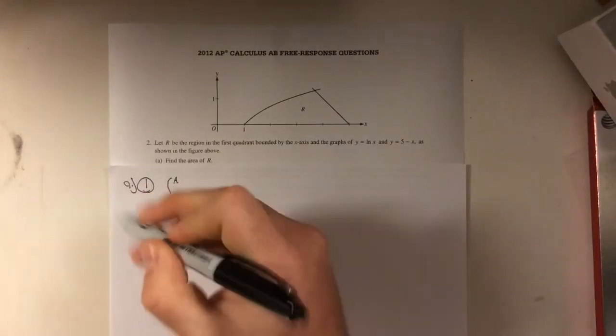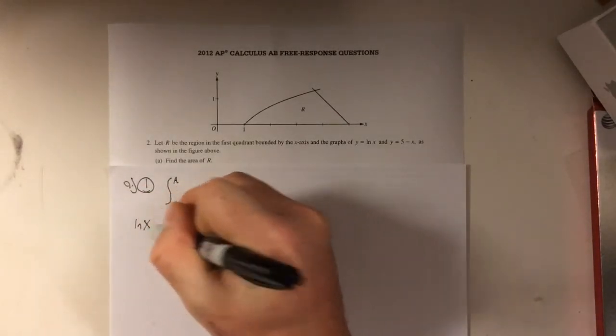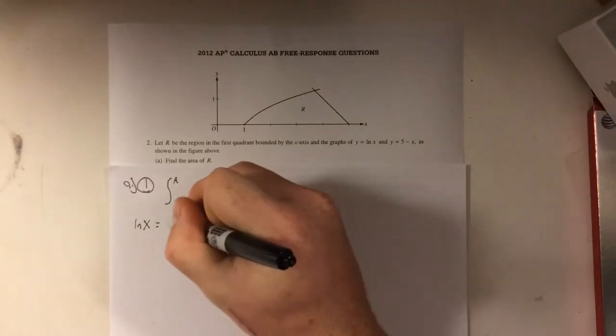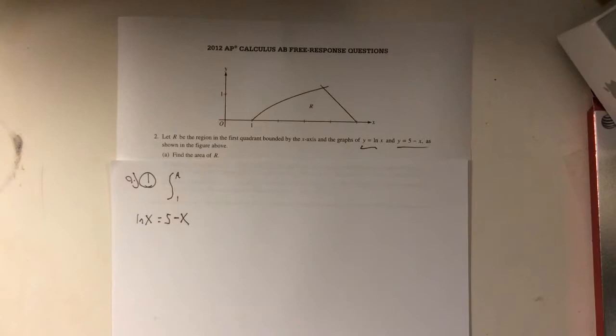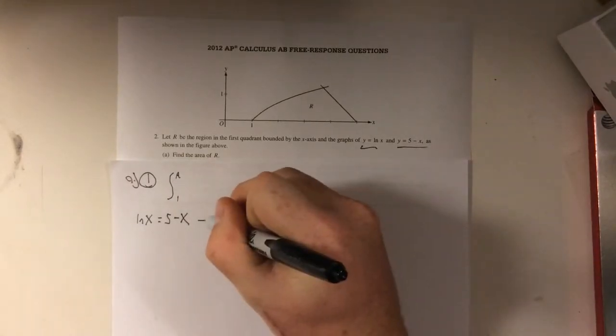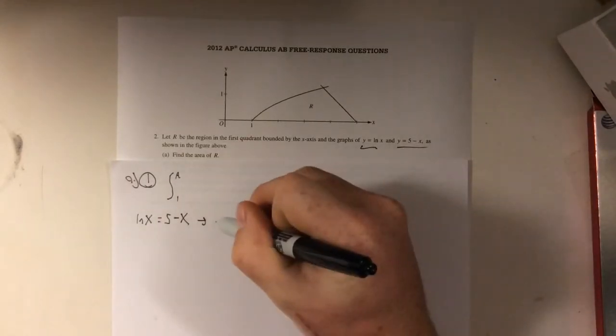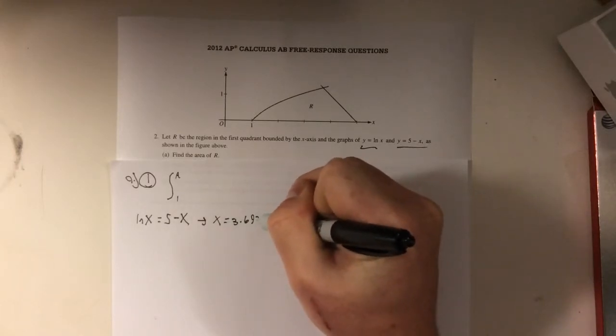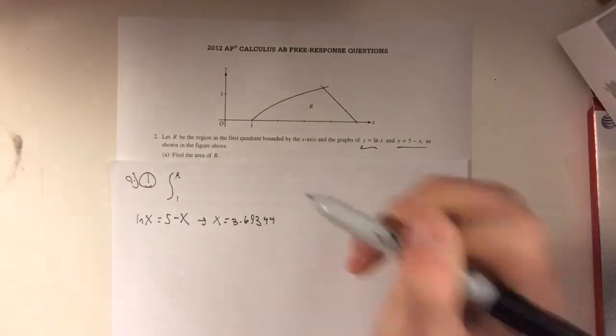So we're going to set natural log of x equal to 5 minus x. After you do the math, x is going to end up equaling 3.69344.